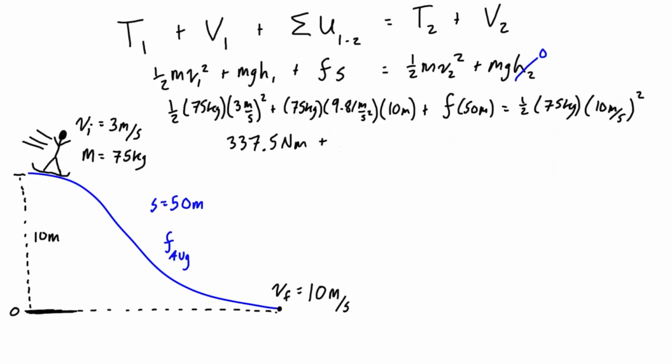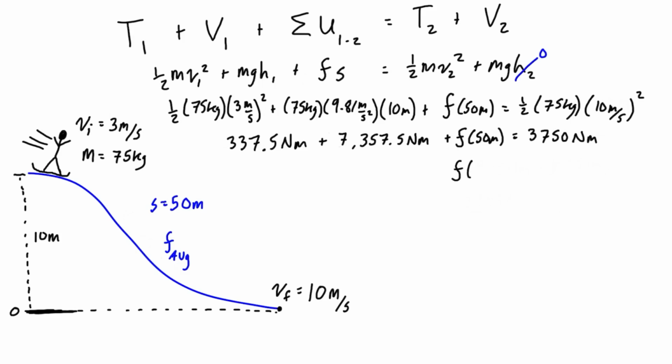The next term here is 7,357.5 Newton meters plus average force of friction times 50 meters, and that's going to be all equal to the right hand side, which is 3,750 Newton meters. All right, we can rearrange and simplify a little bit.